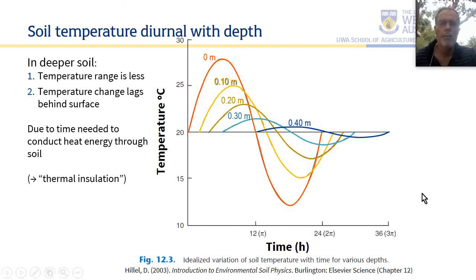If you can explain that sort of thing, that's quite a useful thing to be able to do, because it covers a few of the concepts that we need to know about energy transfer in soils. And of course, we also need to know that the fluctuations are there because the energy is coming from solar radiation, which of course varies from night to day and back again.